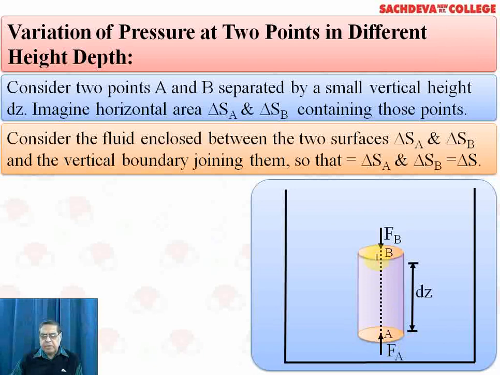This FA may possibly be the buoyant force, and dz is a small separation between A and B. So if we would like to find the pressure at point B, pressure will be force over area, and area we have taken as SB. So pressure will be FB over SB, or we will say the force will be pressure multiplied by SB, and the same concept we will apply at the bottom.